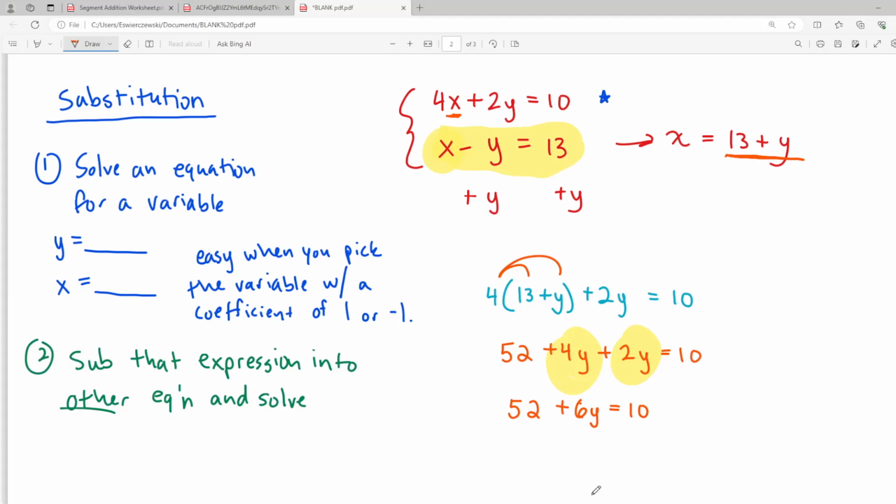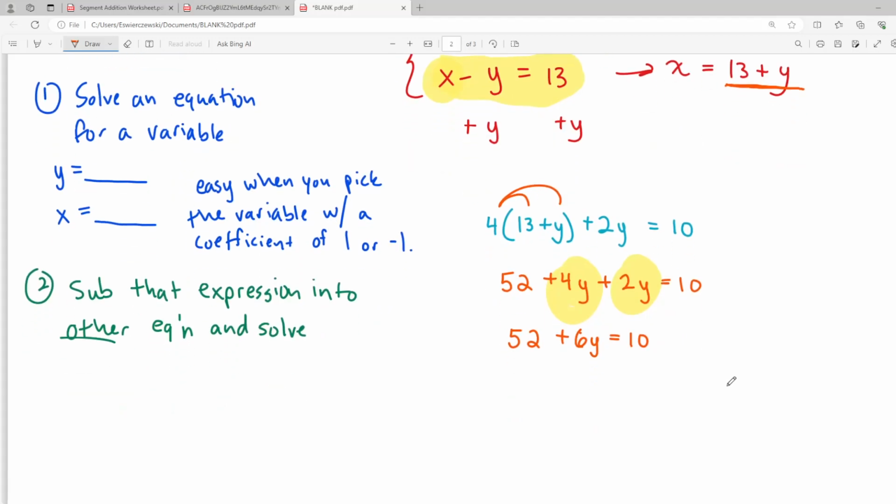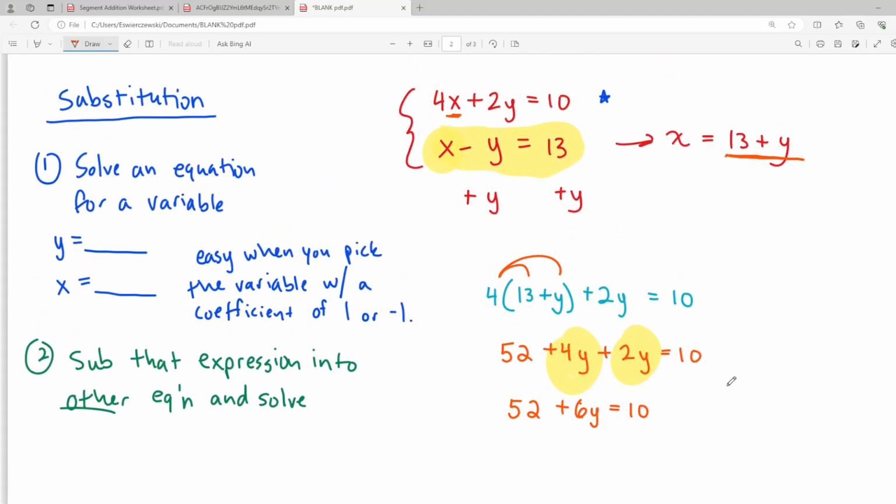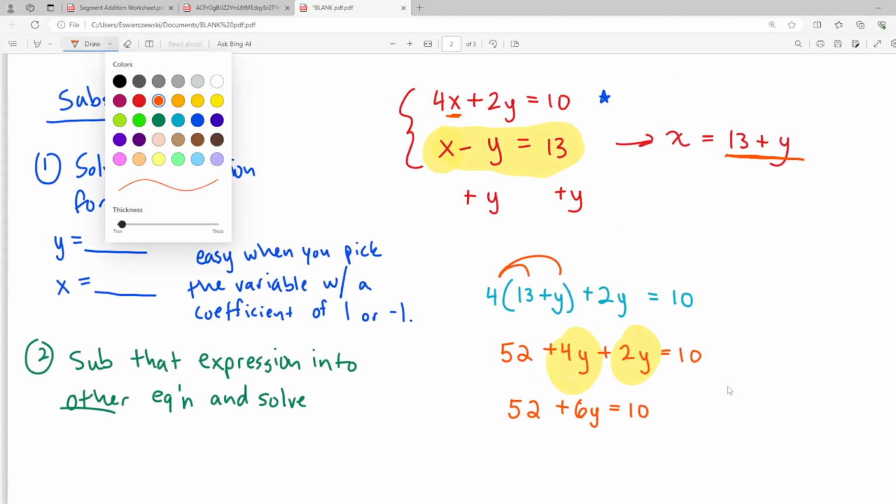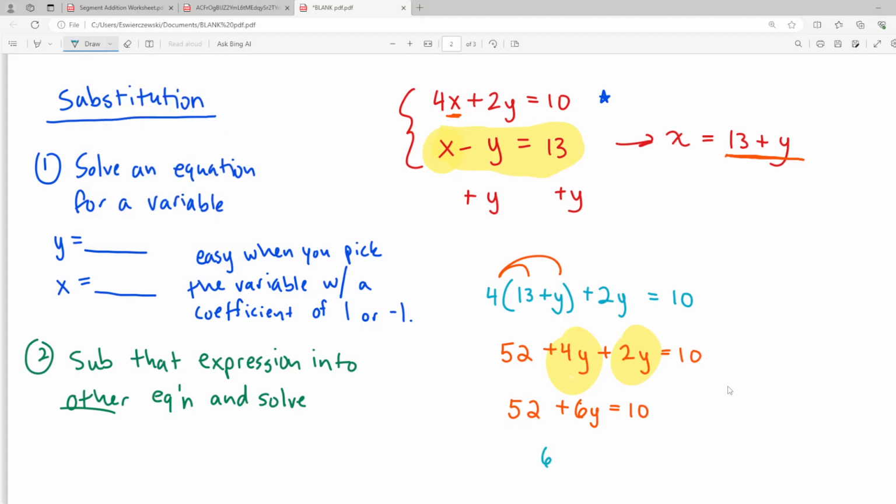Now I want to get my variables alone on one side, so I need to get rid of 52, which is positive. If I move it to the other side, it becomes negative. So 6y equals 10 minus 52, which is negative 42.